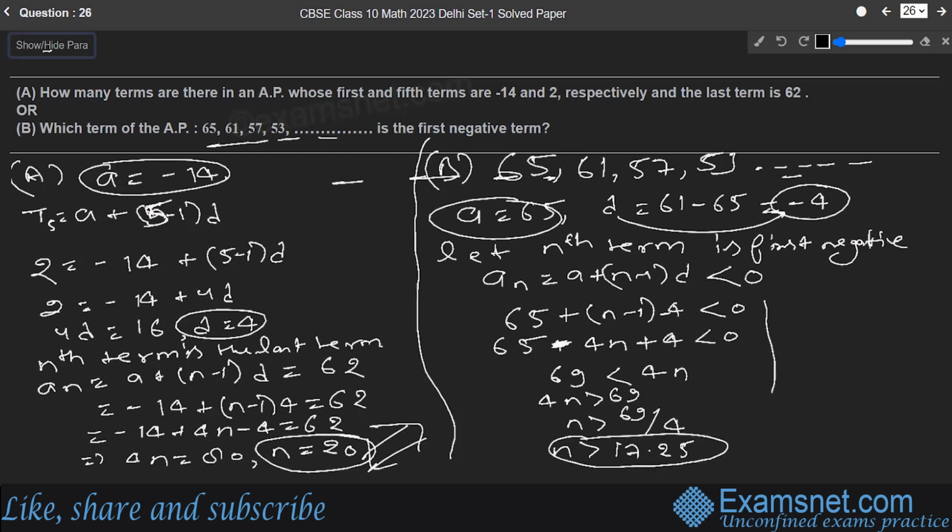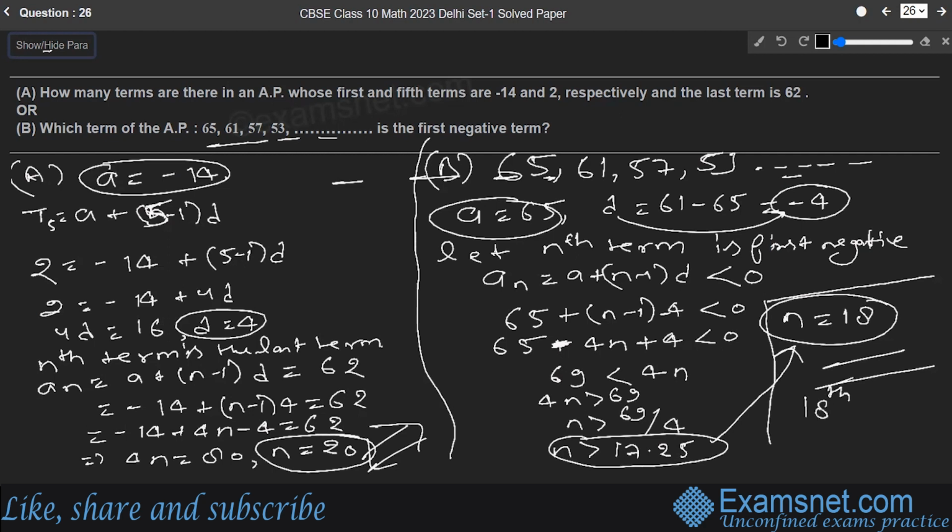The smallest integer just after 17.25 is 18. So n value should be 18. So we can say the 18th term will be the first negative term. Okay, so this is how we can solve this question.